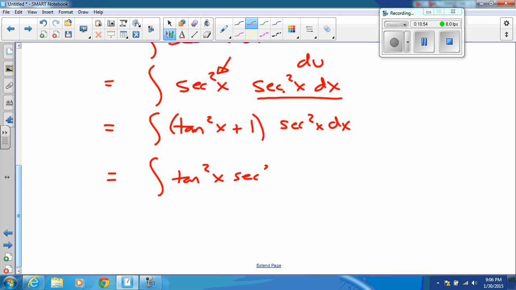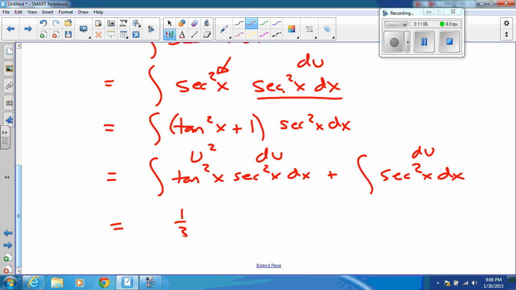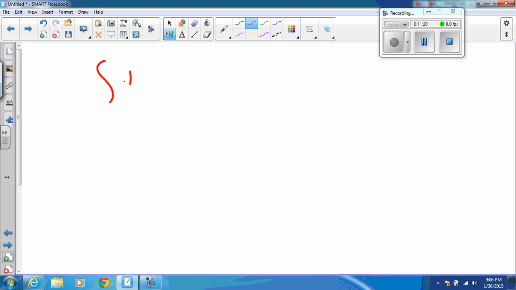Secant squared x is tangent squared x plus 1. And so now when I distribute, I get two easy integrations, u squared du and just plain old du. So that I get 1/3 tangent cubed x plus tangent x plus the obligatory constant c.